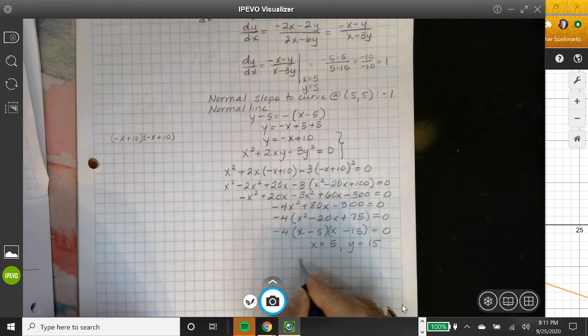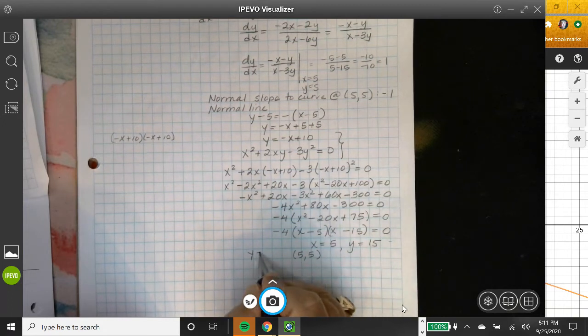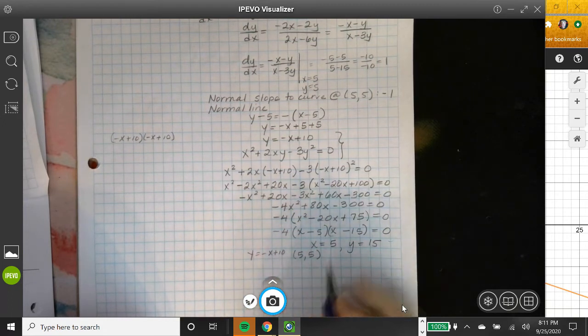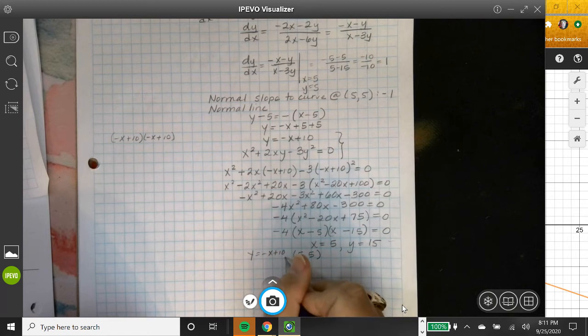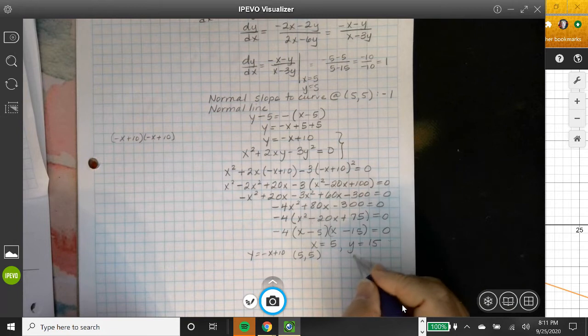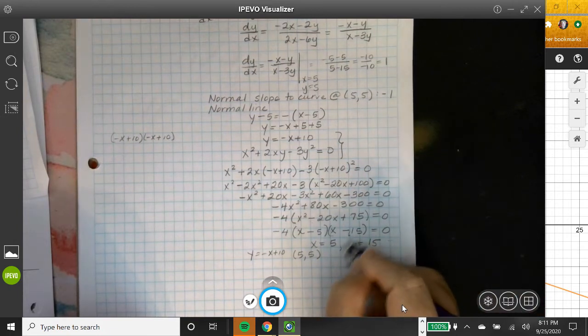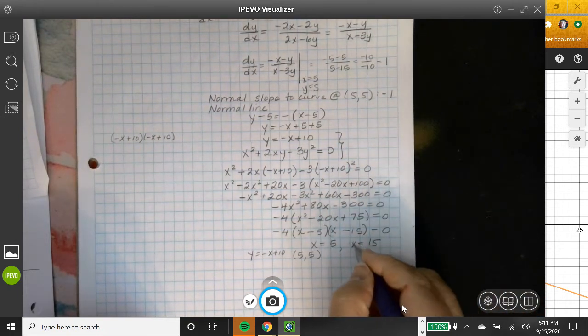So I know my one point where we intersect is at 5, 5. Well, that makes sense because I know my y is equal to negative x plus 10, right? And if I plug 5 in, I get 5, 5, right? So what happens here? I'm sorry, why did I say y here? Oh my goodness gracious sakes, this is x.